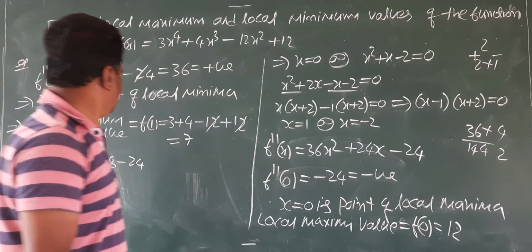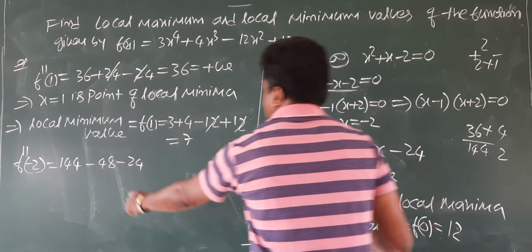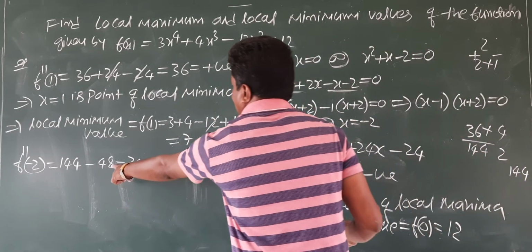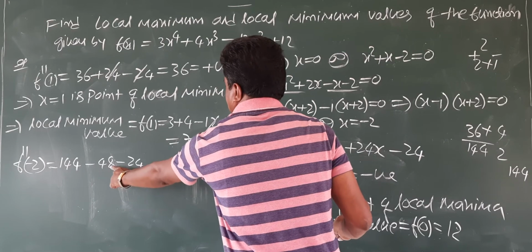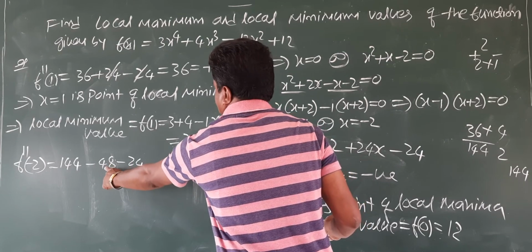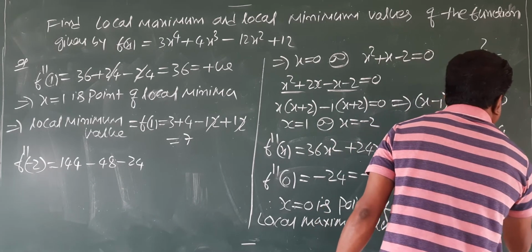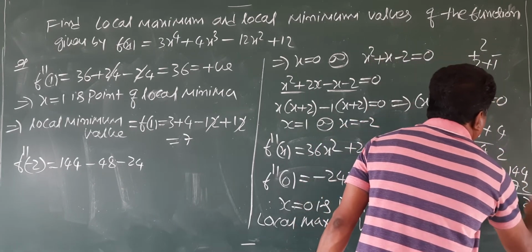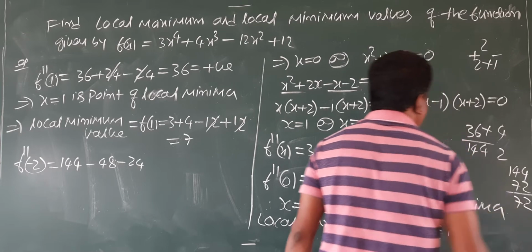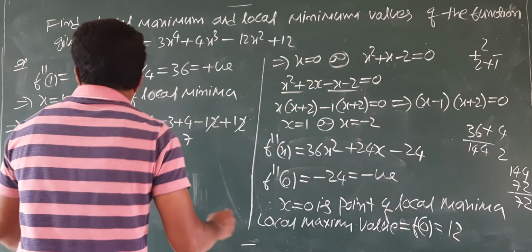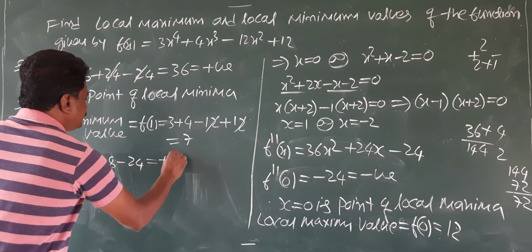You add both, so write 144 minus 72, that is 72. So it is plus 72.